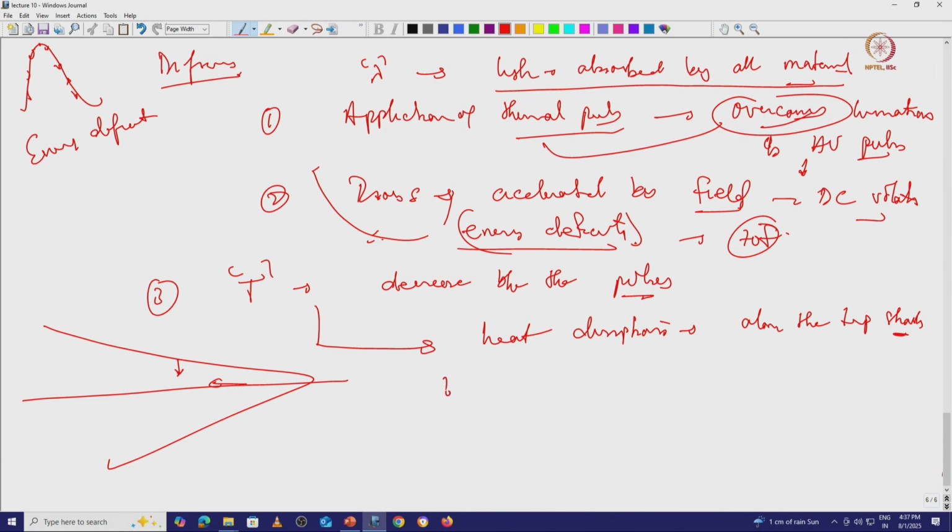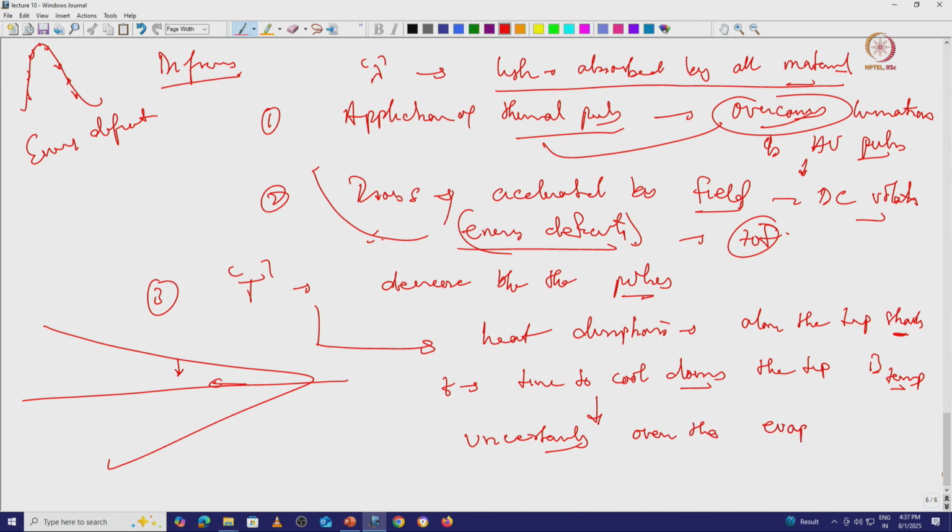Correct. So the time to cool down the tip to the base temperature controls the uncertainty over the evaporation of the ions.